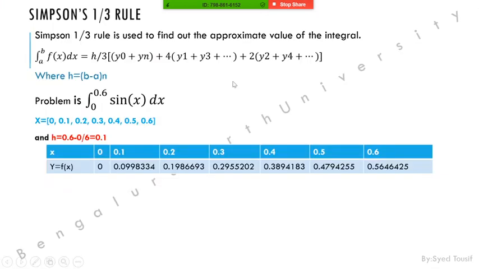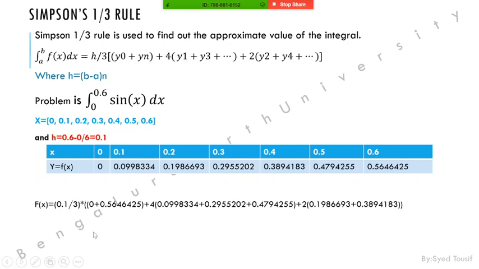And if we assign the values to this formula, h by 3 times the initial value and the final value, where the initial value is 0 and the final value is this one, plus 4 into the remaining terms plus 2 into the multiples of 2 terms. Okay, what value will we get? We will get this value.